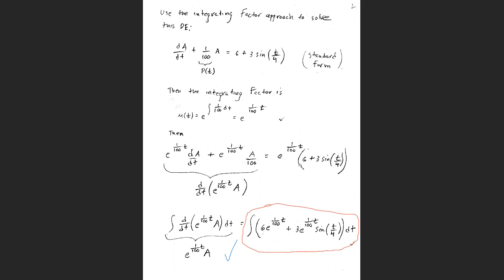Of course, I have the integral here of a sum. The integral of a sum is the sum of the integrals. And David, on the next page, that's what we have.